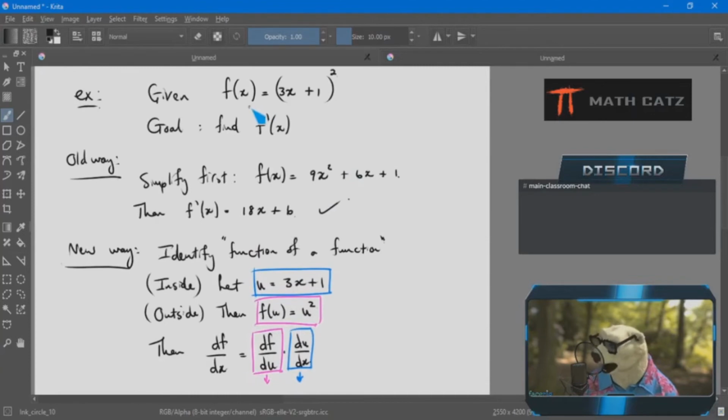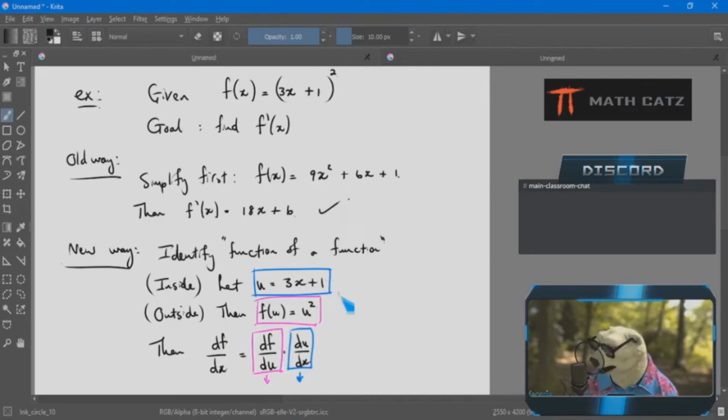My original function was f and had a variable x. There were no u's in the original question. Technically, the u inside function was my choice to help me set up the chain rule and find the derivative. I didn't have to choose that. I could have done it the old way. And then my answer is in x.